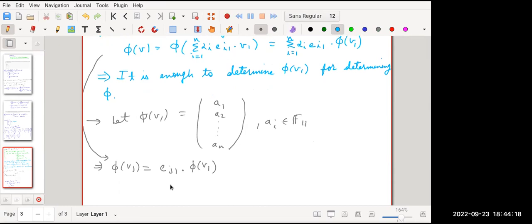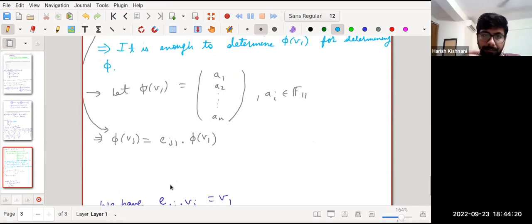Okay, good. But what is your e_j1? You know this matrix very well now.